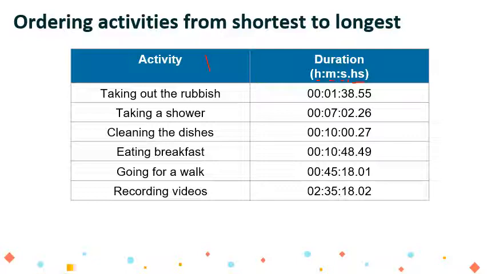So even though this activity only took 1 minute, 38 seconds, and 55 hundredths of a second, in this hours space, because one of the activities took 2 hours, that was recording videos, I've decided to keep it consistent all the way through. So nobody gets mistaken, oh, is that 1 hour?